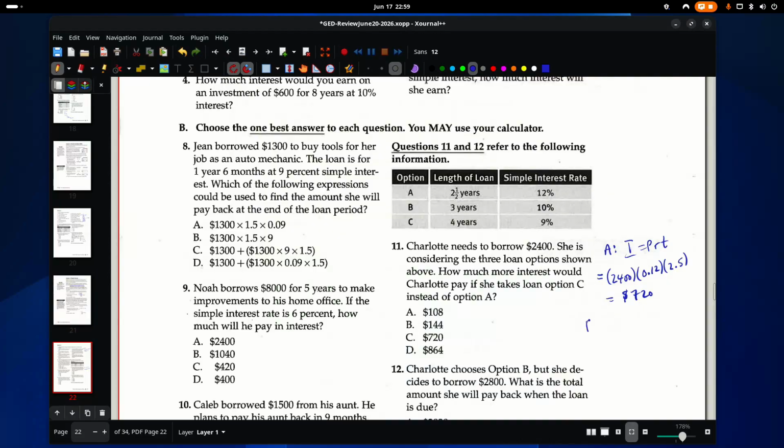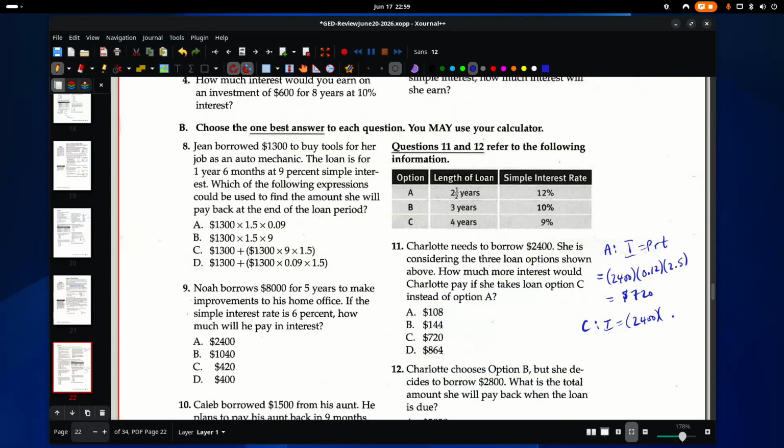And then for B, interest is 2,400 times the rate for B. Oh, sorry, this is C. My mistake. This should be C. We'll correct that.